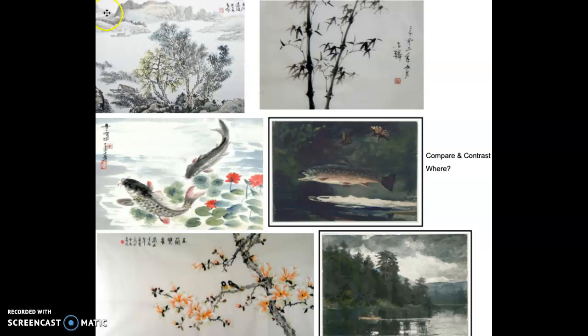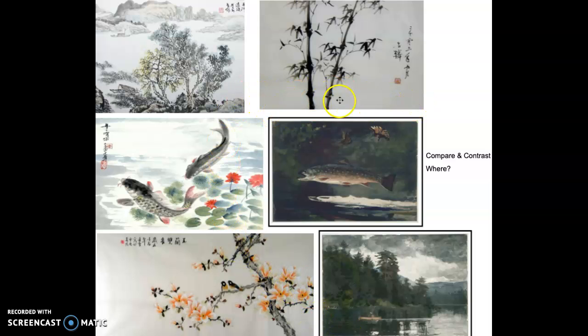Well, here are those paintings again that we were just looking at, and in these two boxes right here are two paintings by the artist Winslow Homer. He was an artist that was born and raised here in the United States, and when you look at them, they're painted in a very different style than these other paintings over here.